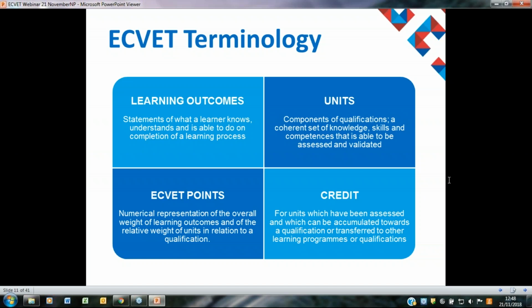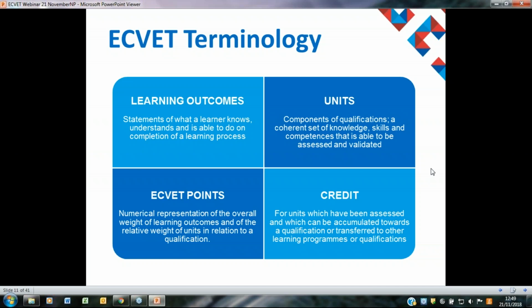So let's look at what units are. Well, you know what a unit is. It's a coherent set of knowledge, skills, and competencies. In other words, learning outcomes. Unlikely that a complete unit can be achieved during a short 2 or 3 week stay, but as I say, possibly on longer Erasmus Pro stays, quite possible to do that.